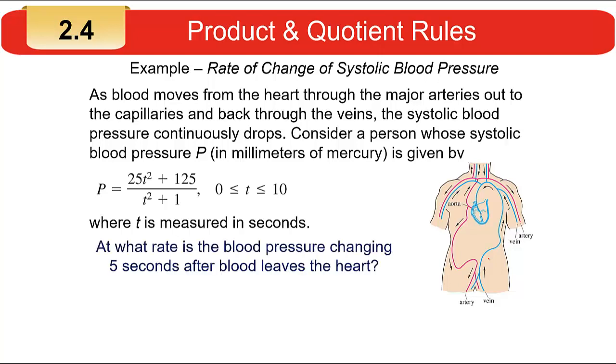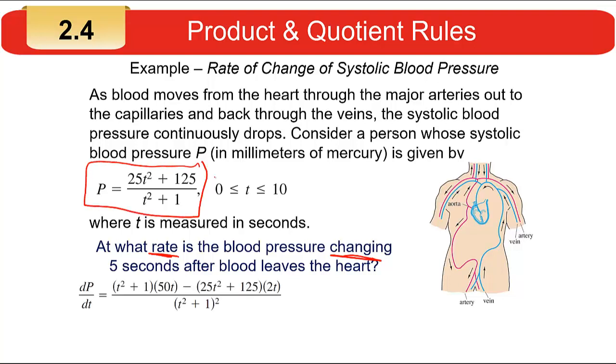The question is, at what rate is the blood pressure changing 5 seconds after the blood leaves the heart? So we're looking for a rate of change. That's a derivative. So that means we want to take the derivative of this quotient. So we use the quotient rule. Straightforward application, high d low minus low d high over low low. Multiply through the parentheses, being really careful about this minus sign right here.